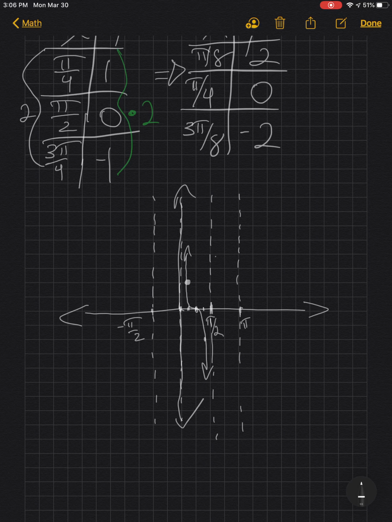And then we just sketch the rest to make it look like the first one that we drew. And we are very careful not to touch our vertical asymptotes. All right, so there you go. There is the function y equals 2 cotangent of 2x.